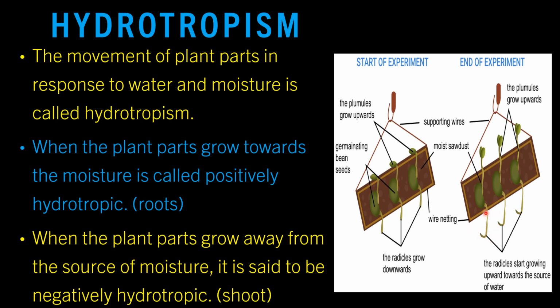Water is more effective than gravity. That's why the radicle moves towards the moisture content, or it curves towards the moisture.